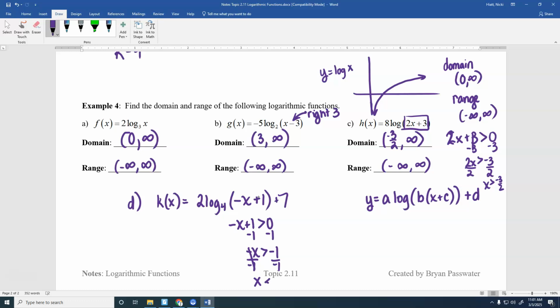So I've got x is less than positive 1. So my domain for this one would be all of the numbers less than 1, negative infinity up to positive 1. And range, of course, would still be negative infinity to infinity.